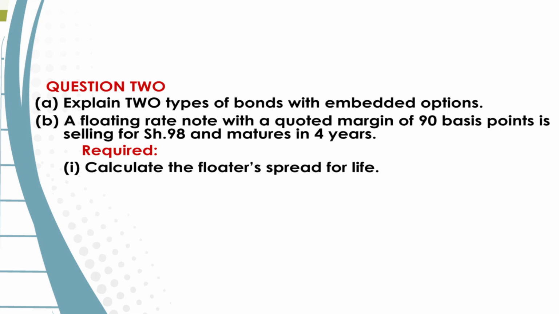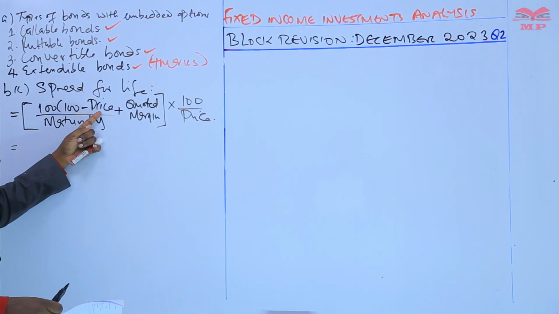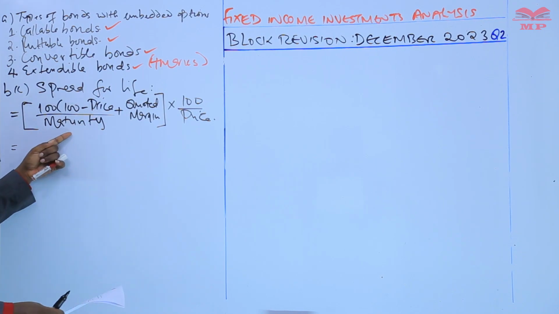In this question, we read, a floating rate note with a quoted margin of 90 basis points is selling for 98 shillings and matures in 4 years. So 98 shillings is the price. It is the market price per 100 shillings of par value. Then we have maturity.